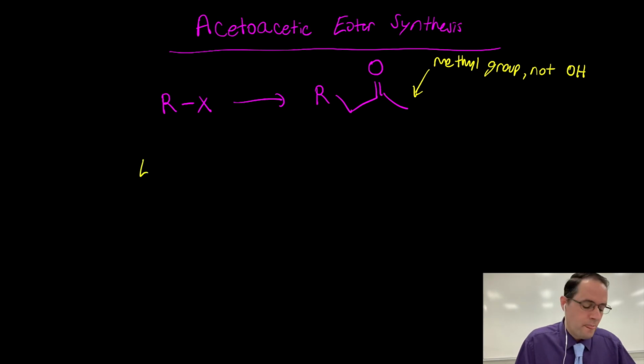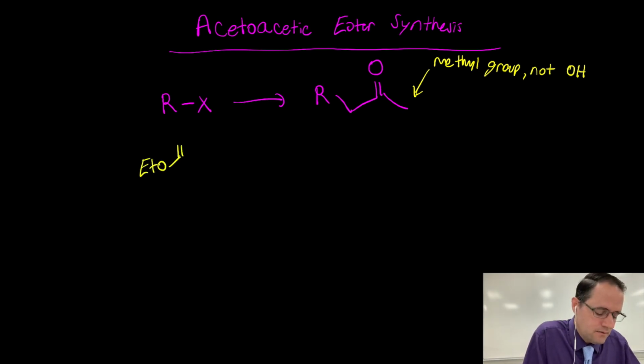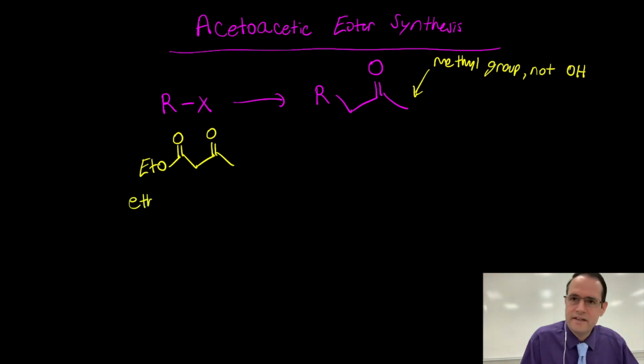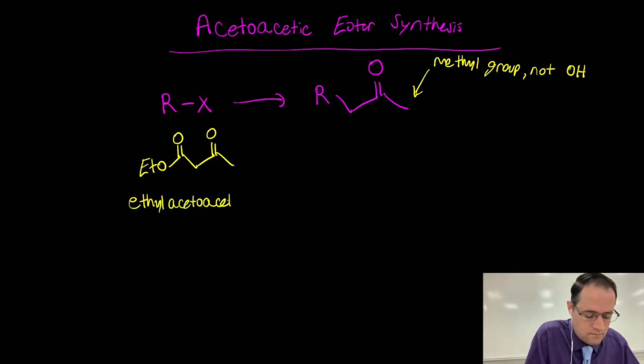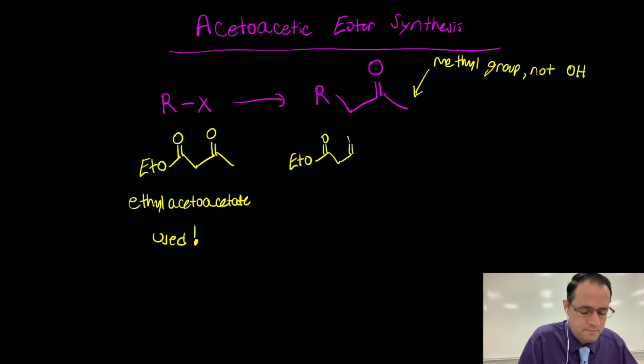So we start with ethyl acetoacetate instead of diethyl malonate. Diethyl malonate has an oxygen in place of that methyl group, and that ends up making the carboxylic acid, okay?